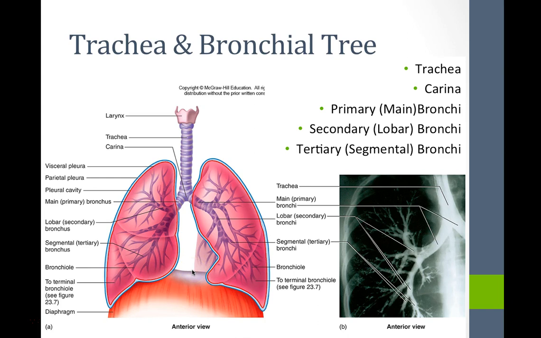And so this is why they're also called segmental bronchi. You can also see in this image to your right here, the primary bronchi and how it branches into the secondary bronchi and some examples of the tertiary bronchi.